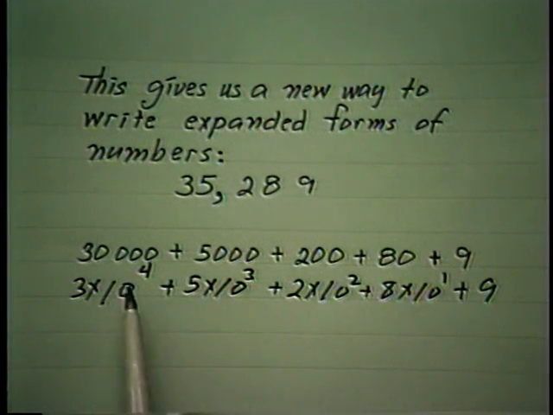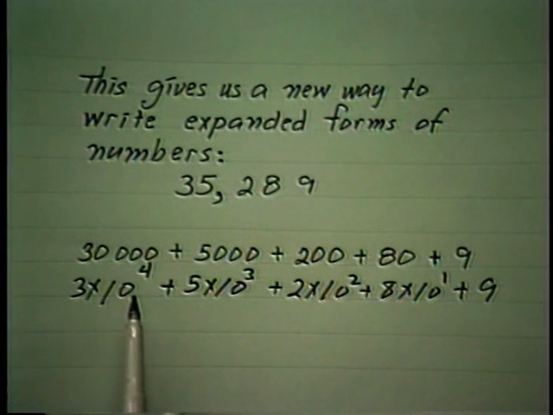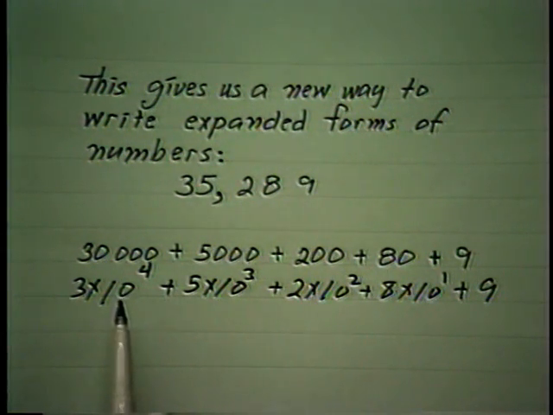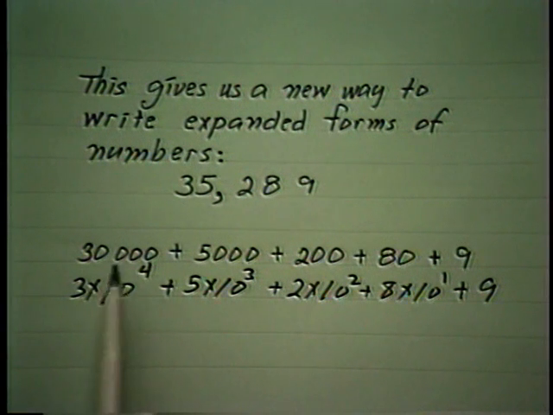Now, this kind of expanded notation on powers of 10 will become a very important concept for those of you who go into computer systems, where one of the tasks you will be faced with is learning different number systems other than the base 10 system with which you're familiar.